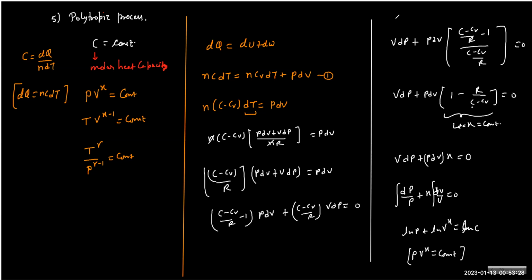No, sir. So that is why if you want to create a polytropic process, the C must be constant. Understood? If C is variable, then this is not polytropic. This formula is meaningless because X is called the polytropic exponent, similar to the adiabatic exponent.